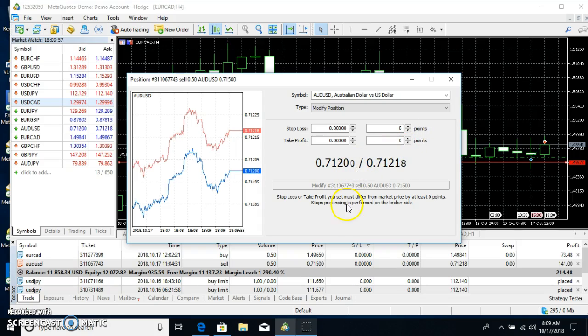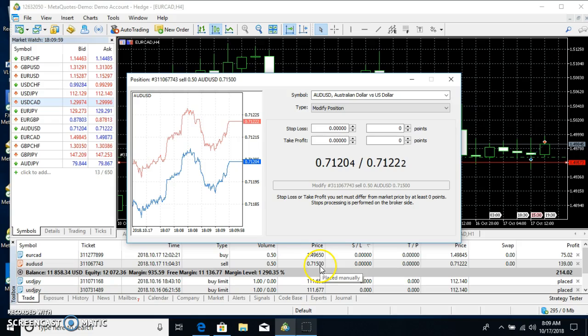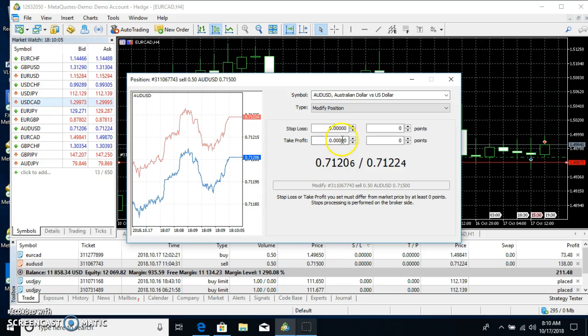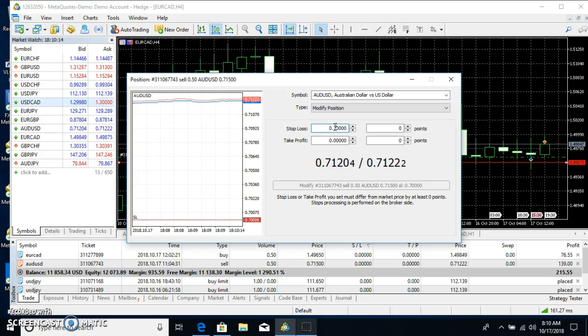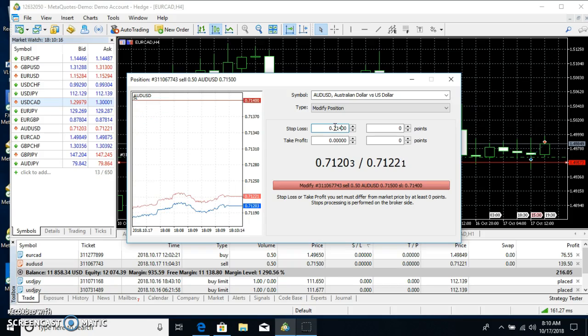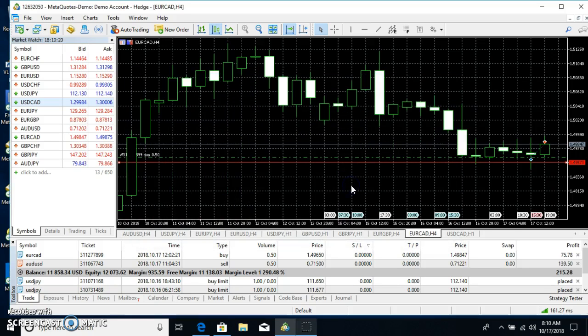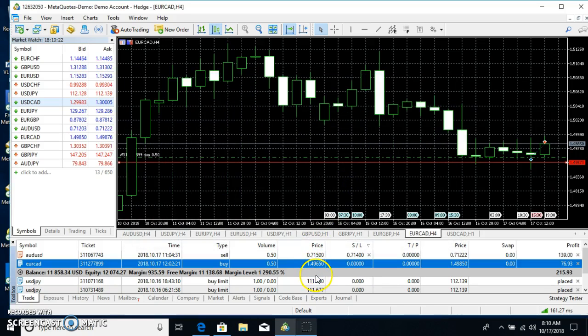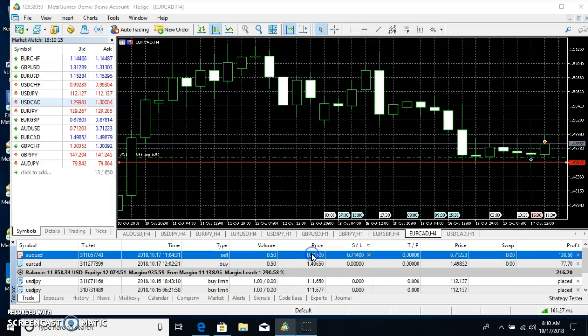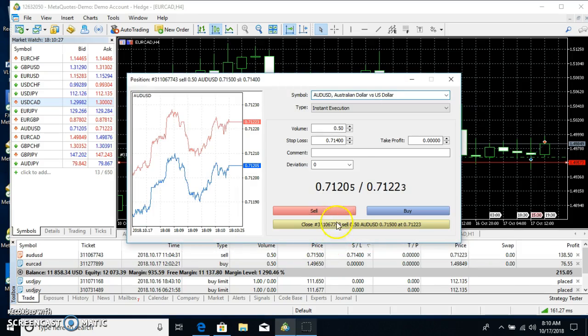I'm in profit now. We're at 71.19, 30 pips, so I put it in 71.40. So now they're winning trades. This top one, 71.50, 71.22.